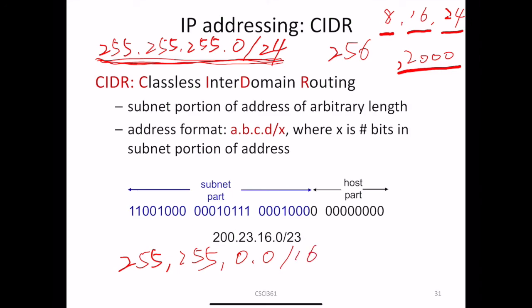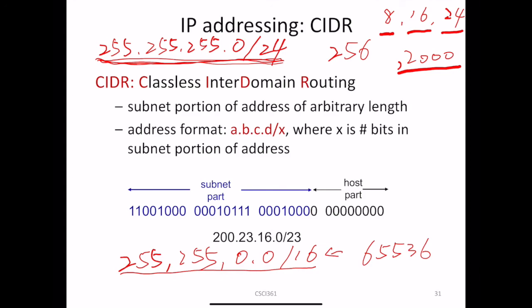That means it has more than 2,000 IP addresses. However, under this domain, we will have this many IP addresses.